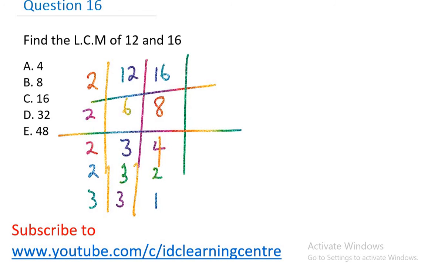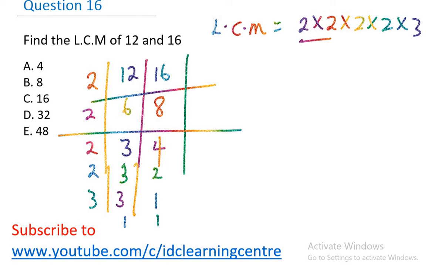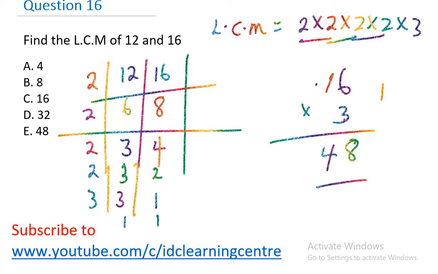Then 3 here, 1, 1. Once you get 1, 1, you're done. So LCM will be 2 times 2 times 2 times 2 times 3. 2 times 2 is 4. 4 times 2 is 8. 8 times 2 is 16. 16 times 3 is 48, which is E. That's the LCM.